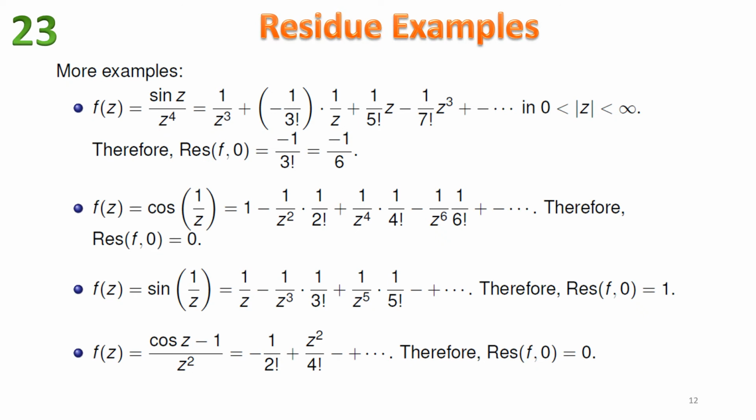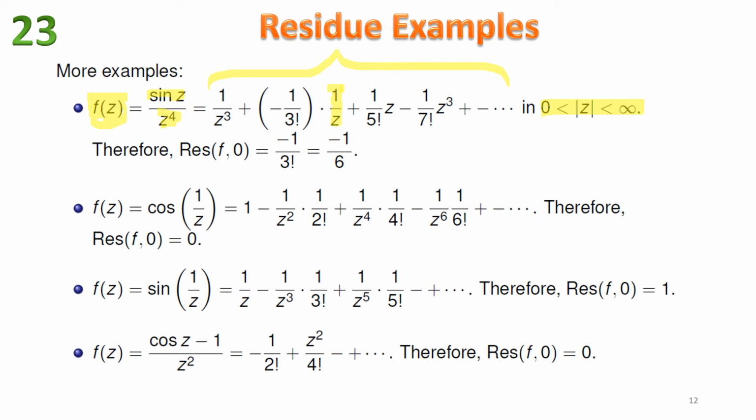Here I very quickly want to roll through some examples that we have already discussed, but now we are trying to find the residue of those functions. Function is sine of z upon z to the power 4. This can be written by this kind of Laurent series, and in the entire series, which rolls from 0 to infinity, excluding 0 and excluding infinity, we have to consider the term where it has singularity.